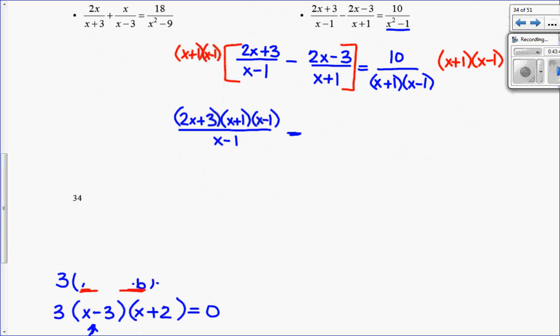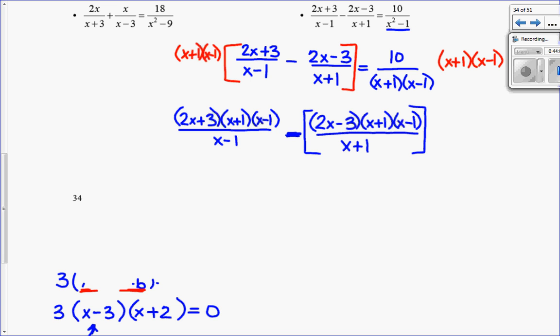And maybe that's good that we did, because now maybe you'll be extra careful to watch for that yourself. Okay, so then we've got minus 2x minus 3 times x plus 1 and x minus 1. And that's all over x plus 1. I'm going to just put this all in a bracket so that I don't forget to apply that negative sign to whatever this ends up being in the end.